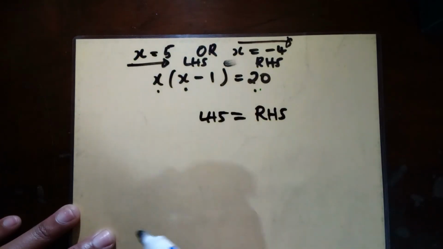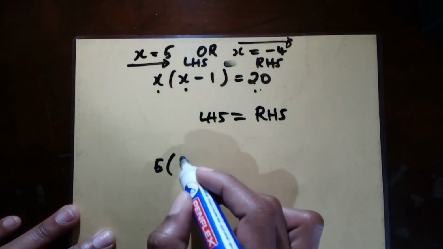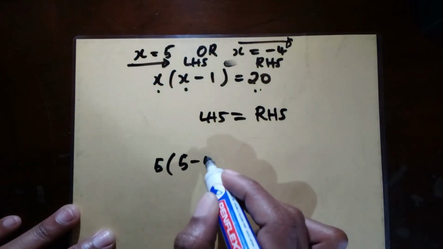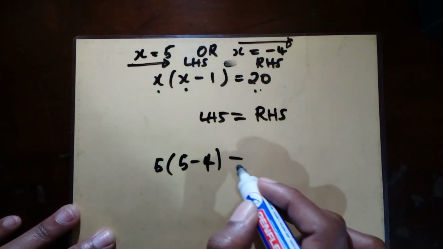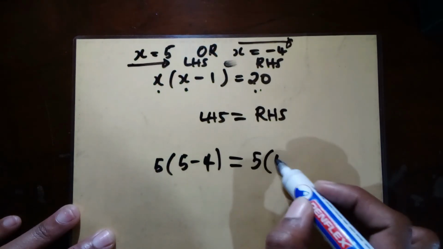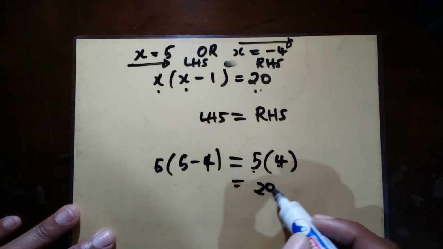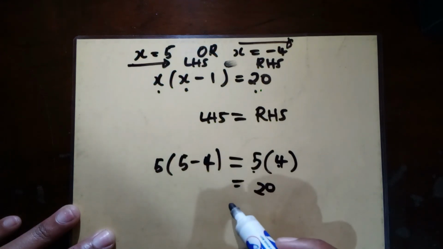So let's check for 5. We substitute 5, so we have 5 times (5 minus 1). 5 minus 1 would be 4, and then 5 times 4 would be 20. So now you see that both sides are actually equal to 20.